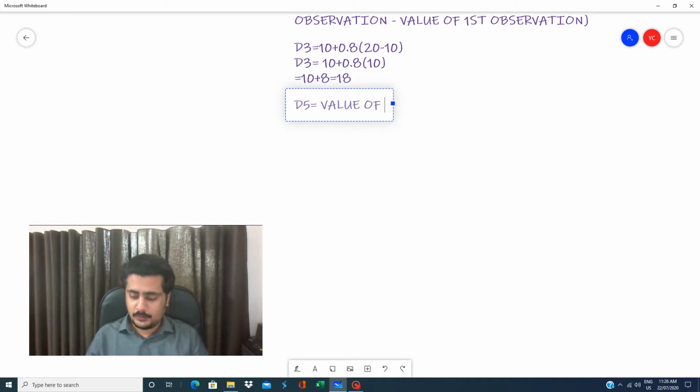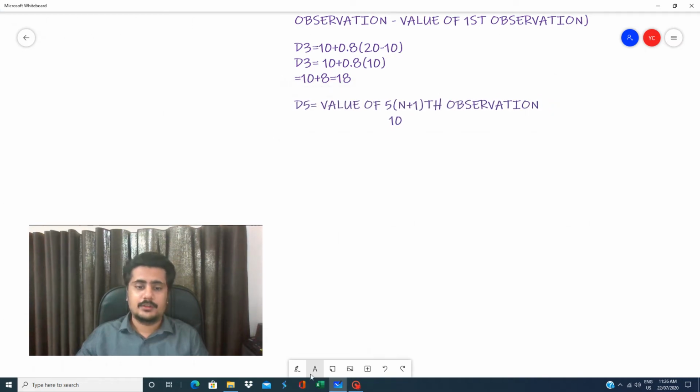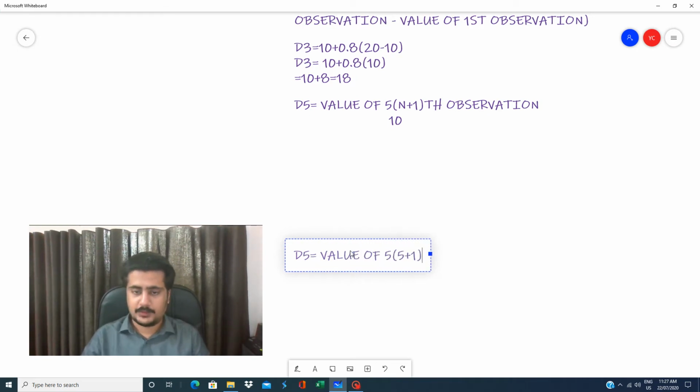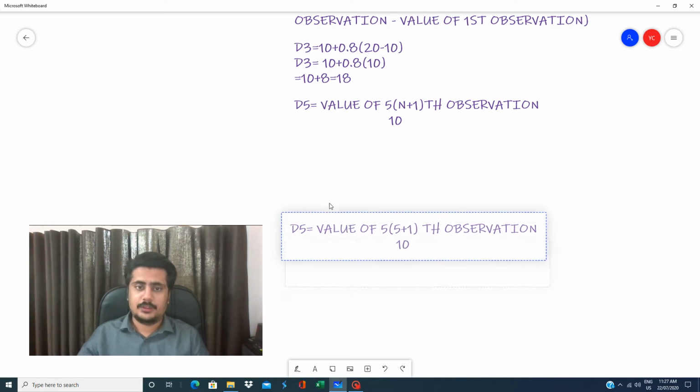D5 is equal to value of 5 into n plus 1 upon 10 observation. D5 is equal to value of 5 into 5 plus 1 upon 10th observation.